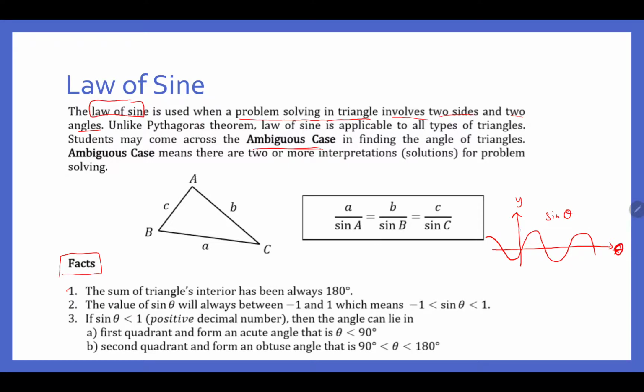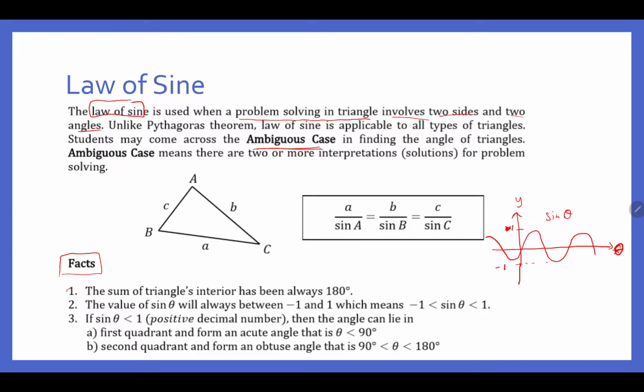So the maximum value of y will always equal positive 1 and the minimum value of y adalah negative 1. Dia tak pernah lebih besar daripada 1 dan lebih kecil daripada negative 1 untuk value y. Maksudnya the output for sine theta, range dia adalah antara negative 1 hingga 1.